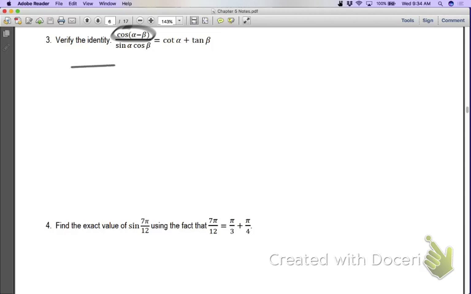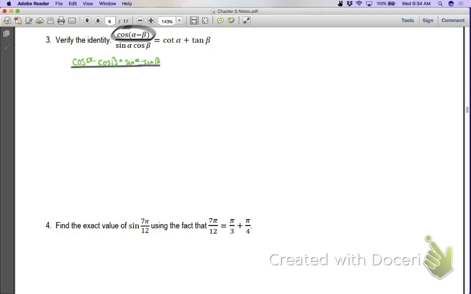Cosine A, cosine B plus sine A, sine B. Right? So cosine of alpha times cosine of beta plus, I did not give myself enough room, sine of alpha times sine of beta.